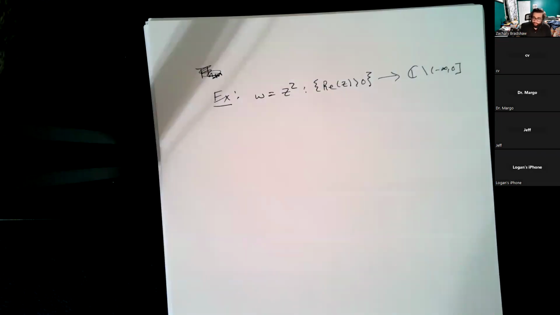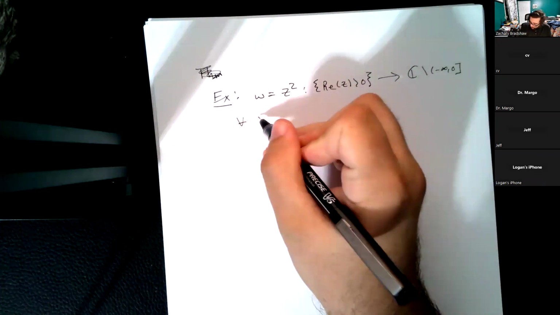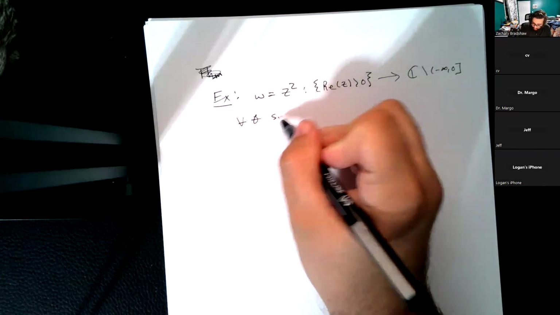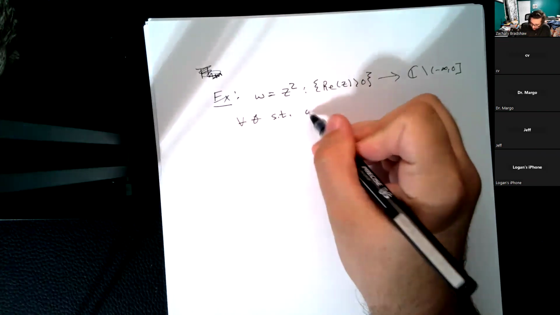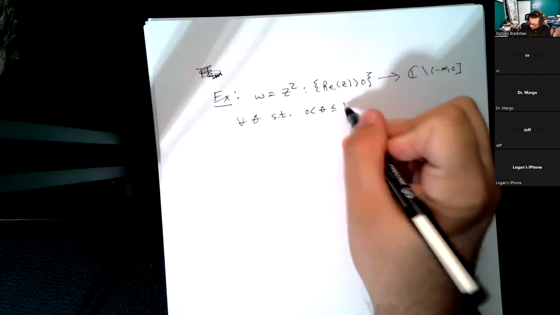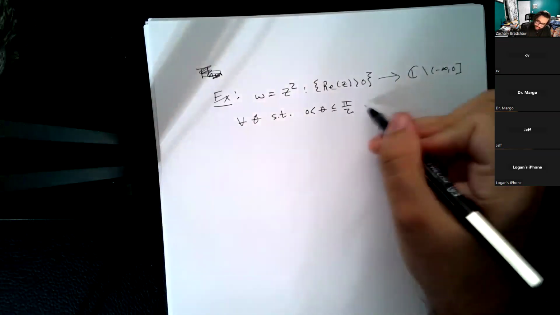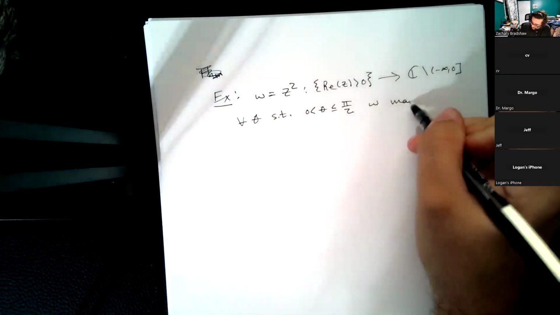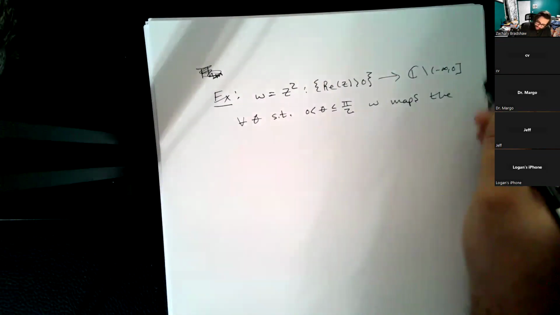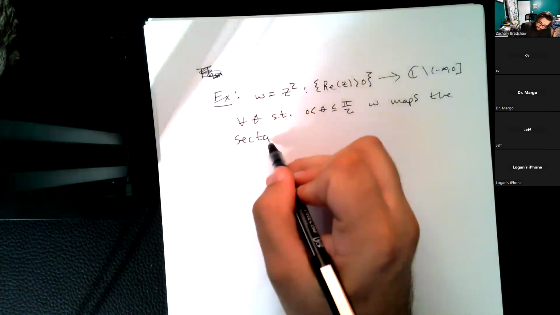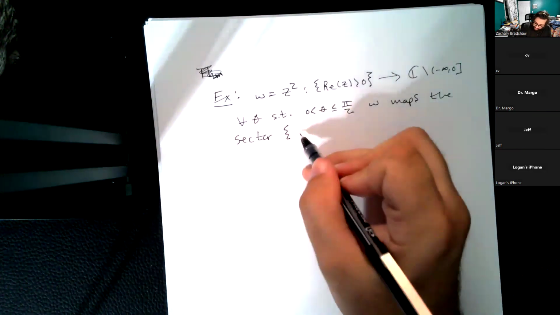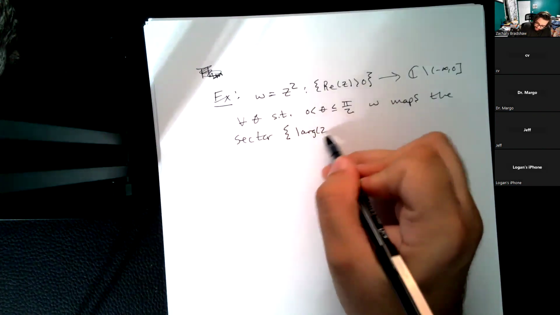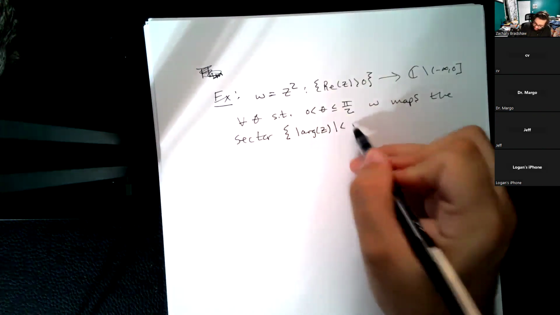Okay, what does this thing do? So for all theta such that 0 is less than theta, less than or equal to pi over 2, w maps the sector defined as arg of z less than theta.